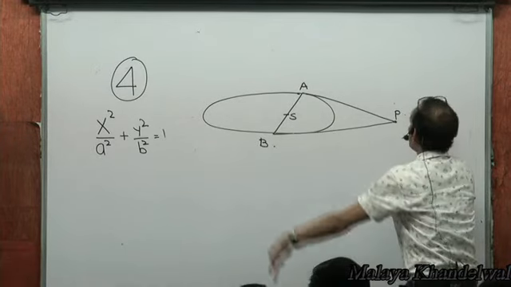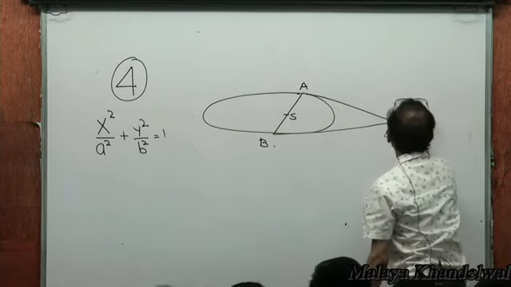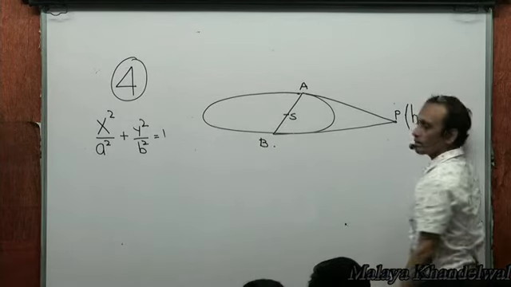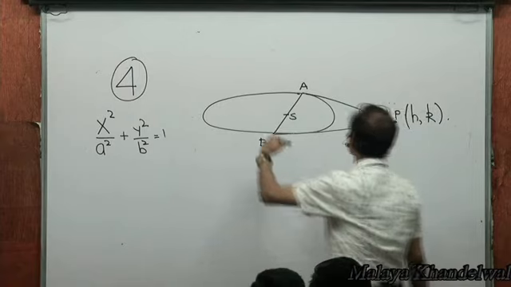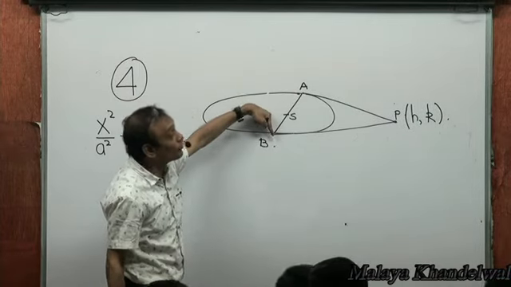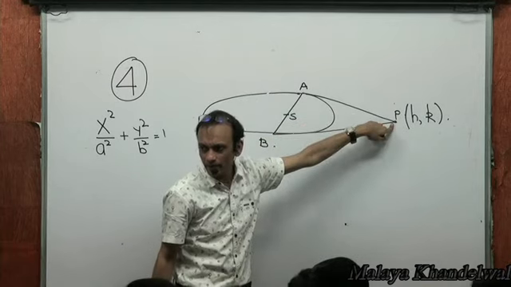Suppose for a certain AB, P has coordinates h comma k. Now, can I look upon AB as a chord of contact with respect to the point P?